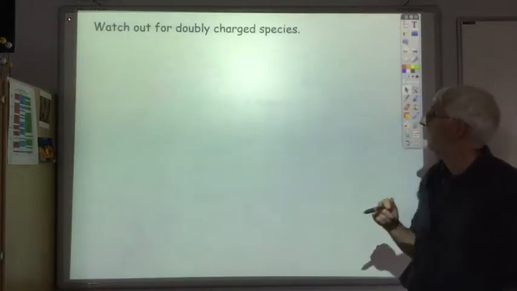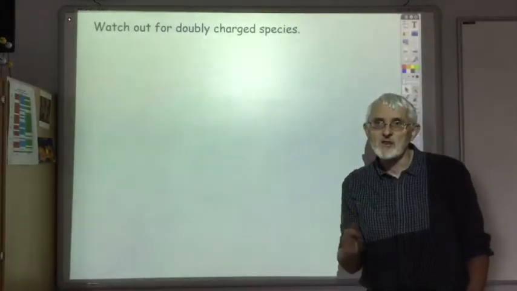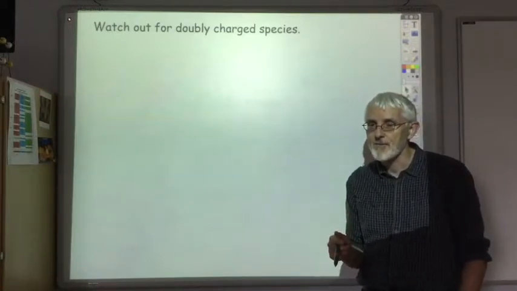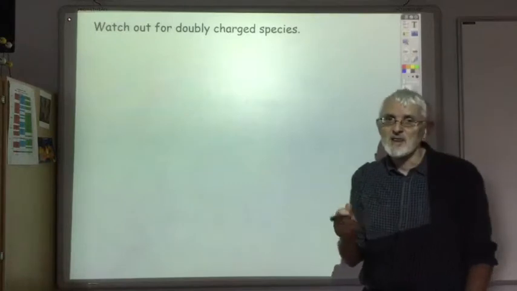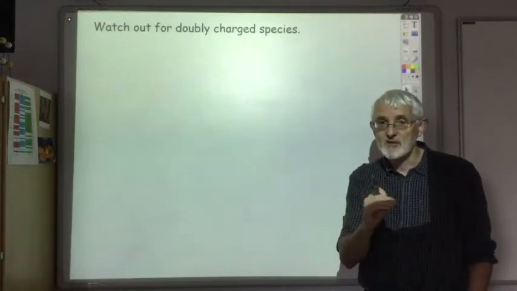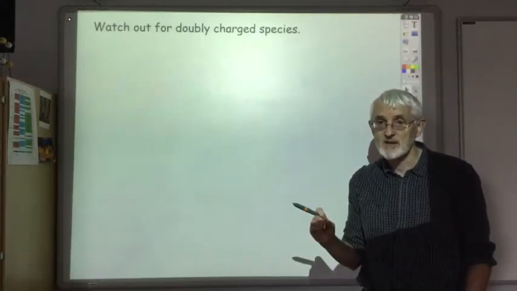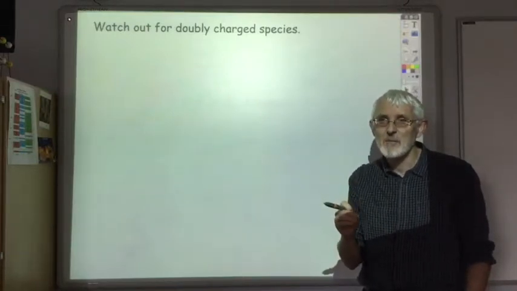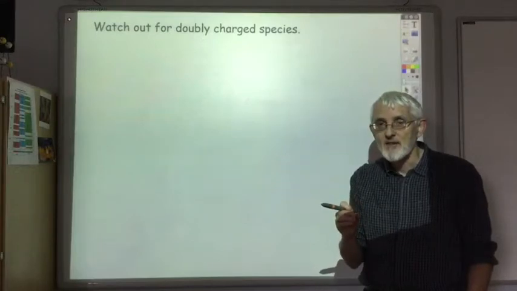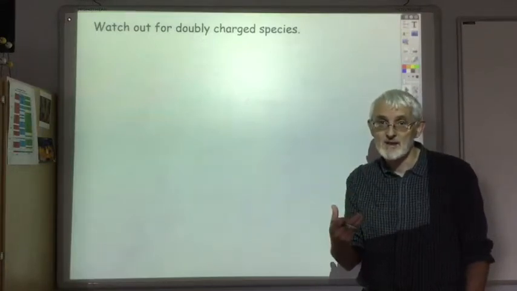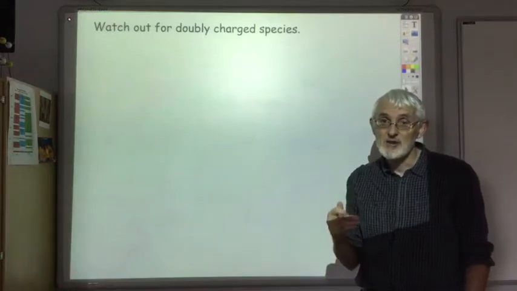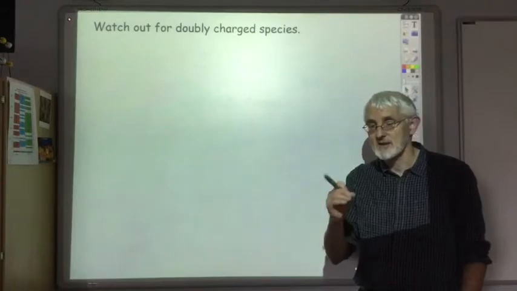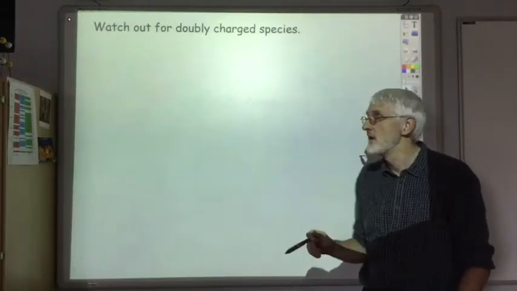Oh, sorry, one more thing to say. Very occasionally you might get a question about a doubly charged species. The mass spectrometer is very good at just producing a stream of singly charged fragments or molecular ions, but occasionally you can get some fragments that have got a charge of 2+, in which case the m/z ratio would not be an exact measure of the mass, because the mass is divided by 2.